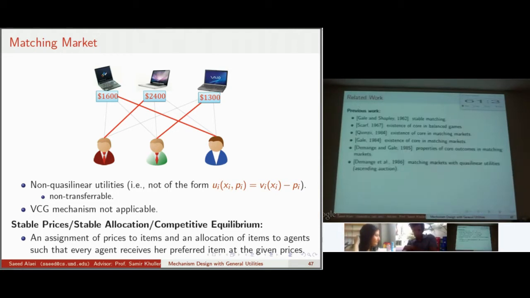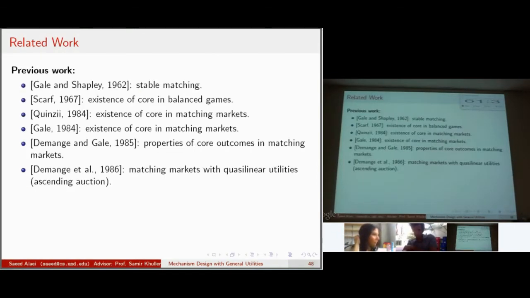So here is some prior work on this problem. Most of these have shown the existence of a competitive equilibrium in this market, but the proofs are non-constructive, and there was no algorithm for finding the equilibrium exactly, since they all use fixed point theorems.